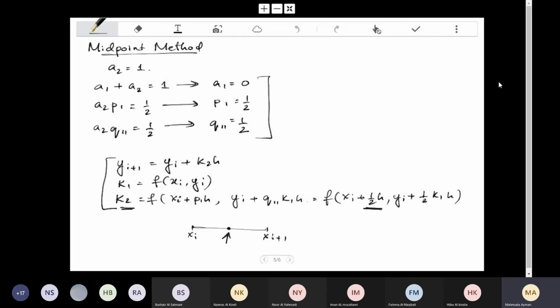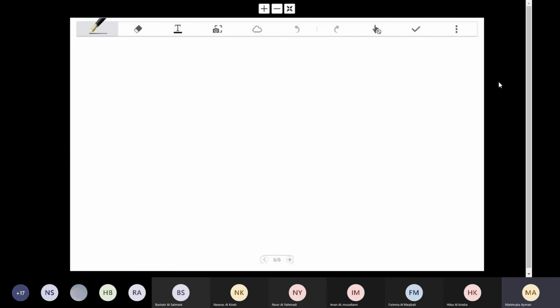Okay, great. So now we'll do our first example, on the Heun's method.